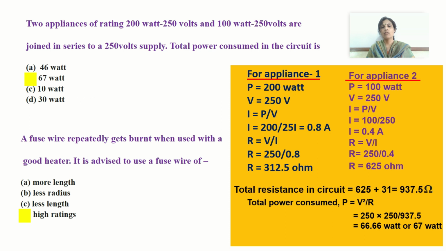And the low value of fuse wire is required for the appliances which consume less amount of electric current. So these two ratings, that is 5 ampere and 15 ampere, are usually used in the household. This you have to keep in mind. This is called the ratings of fuse wire.